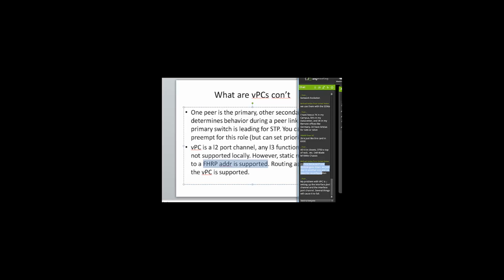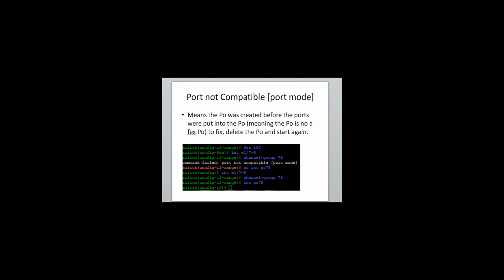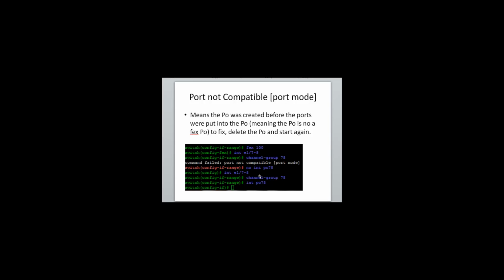The problem with the VPCs is setting up the port channel and the interport channel, so things will cost. Yeah, when I was setting this up in the lab, do I have it here? VPCs. So this is my own personal notes here. I had a weird issue where I created the port channel first, and then I did FEX, and I did this whole thing for the 2K.